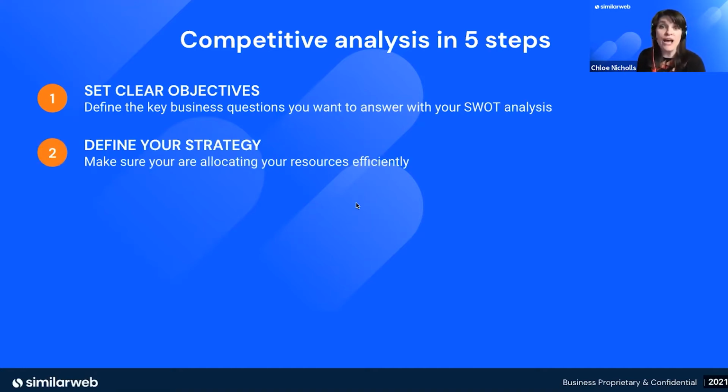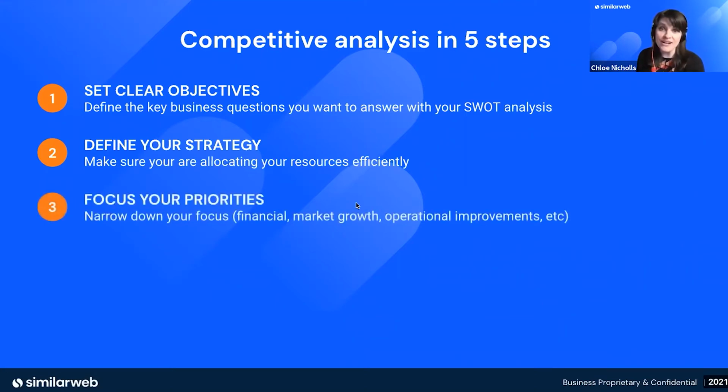For example, are you going to launch an in-depth competitive analysis project analyzing various data sources? The third step is to focus on your priorities. Similar to the first step on outlining your objectives, at this stage, you need to outline within your SWOT where your focus is. Is it on financial, market growth, or operational improvements?